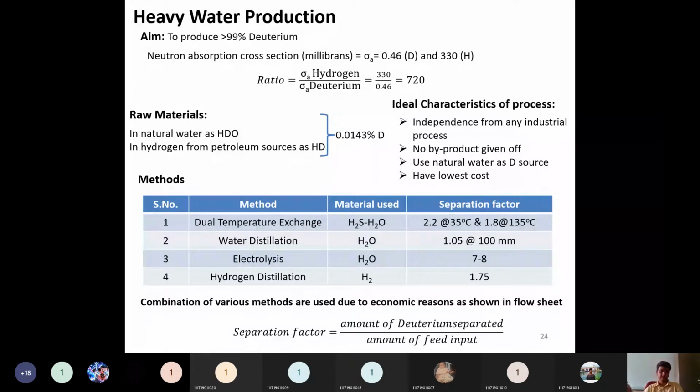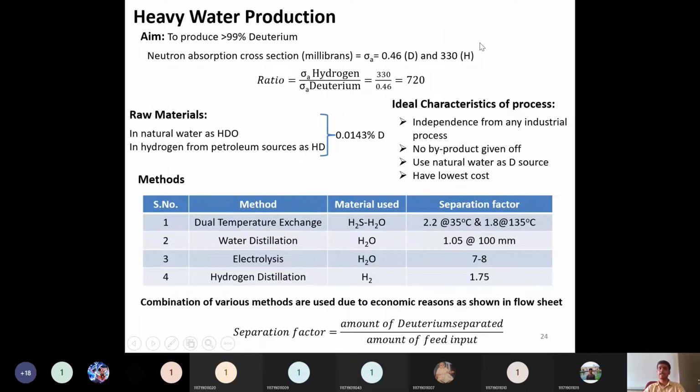What are its advantages? For example, take the neutron absorption capacity, or the neutron absorption cross section, which is usually measured in millibarns. The neutron absorption cross section of heavy water will be less compared to normal hydrogen.